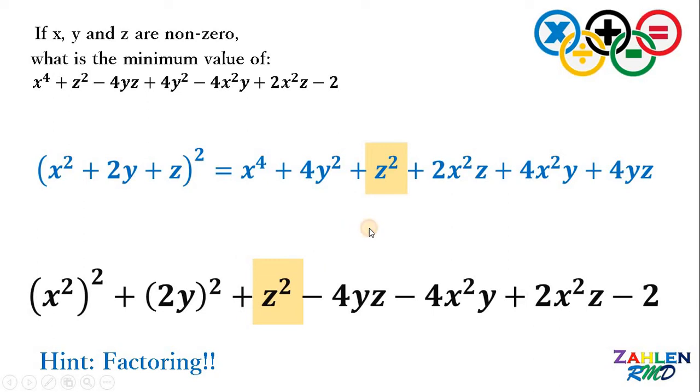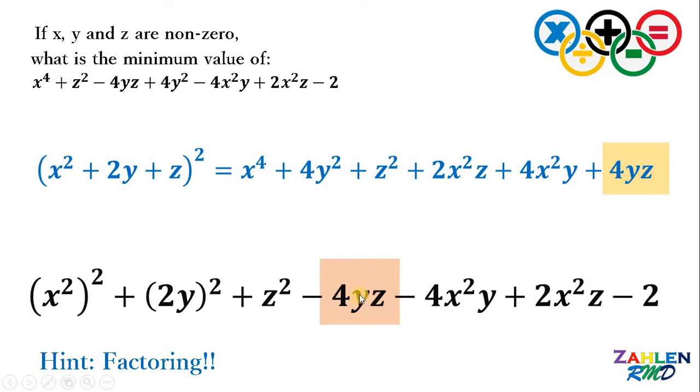And now, here's the thing. This 2x squared z is the same thing as 2x squared z right here. But this 4x squared y, we have a positive right here. And on our original expression, we have negative 4x squared y. Also, we have positive 4yz here.